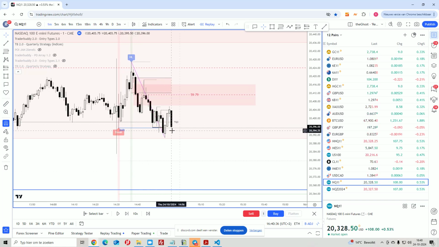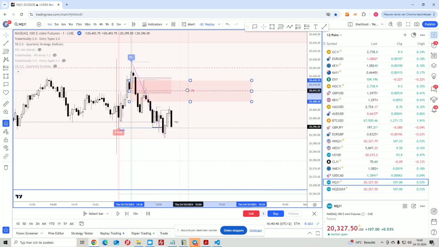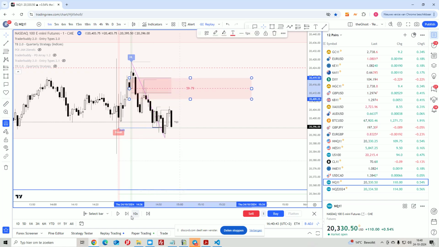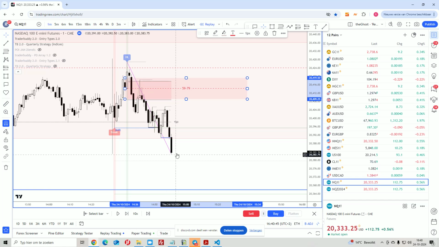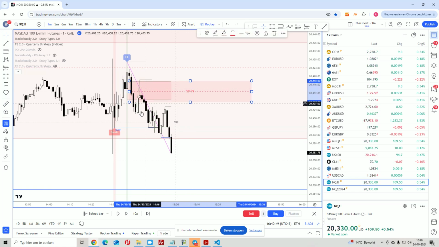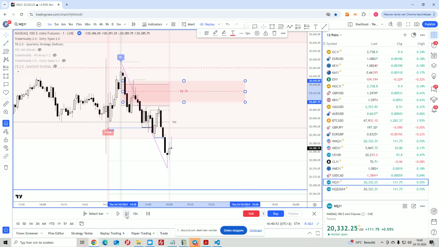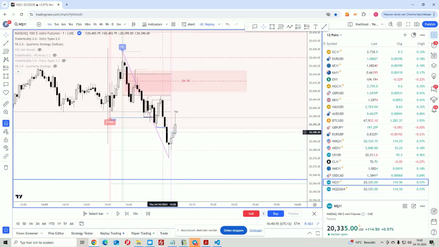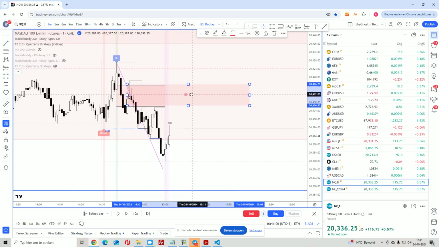Now, we closed below, so now the level is over here. But if we make a new low, the level shifts. So you don't have to do anything, the indicator does this. Every time price trades lower, the level is adjusted. So every time we retrace, we have the correct level.